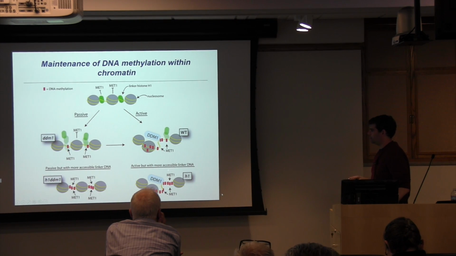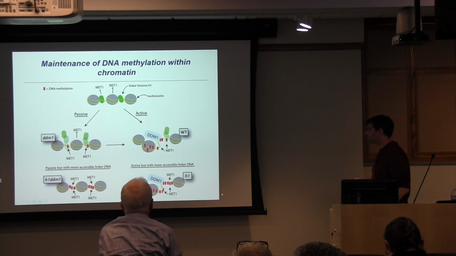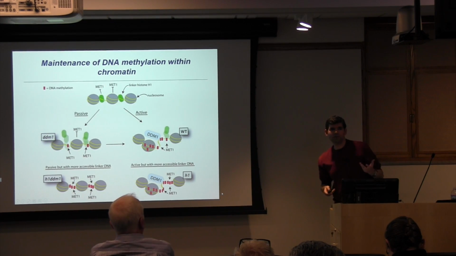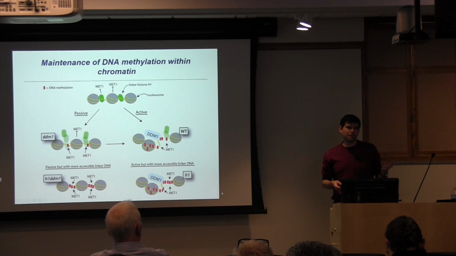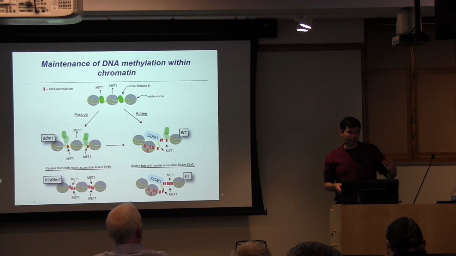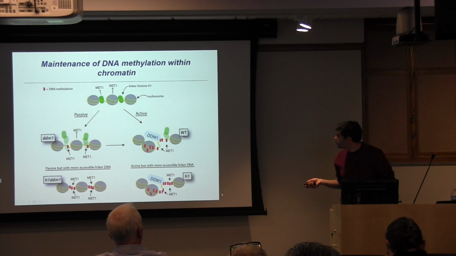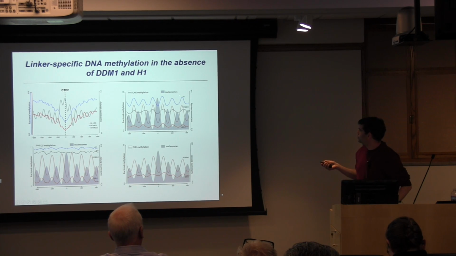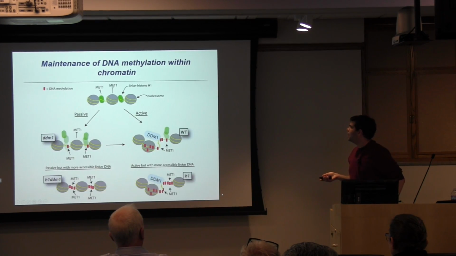And this, we think, is part of the reason why in H1 mutants, heterochromatin is hypermethylated. Right? Because linker DNA is more methylated. And you can see this here, where in H1 mutants, linker DNA is more methylated. It's actually true for all sequence contexts, including CGs. Just you can't really see the oscillation very well at this scale.